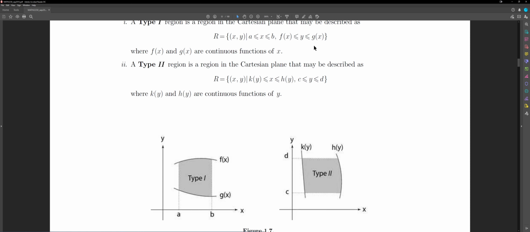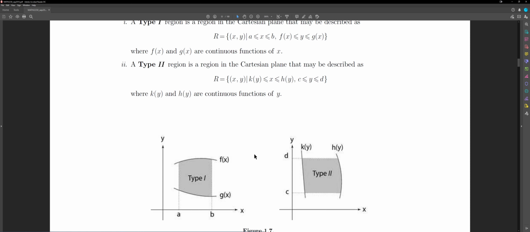Now, unfortunately, there's a mistake here, because this should be inverted. The f of x should be over here and the g of x should be on top. So for a type 1, you're going to be between two vertical lines, x is equal to a and x is equal to b, and two curves, g of x and f of x.